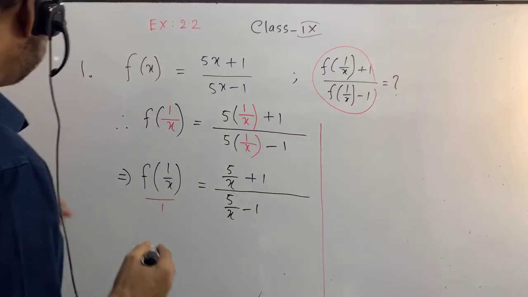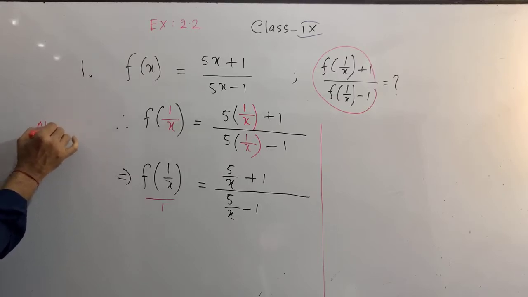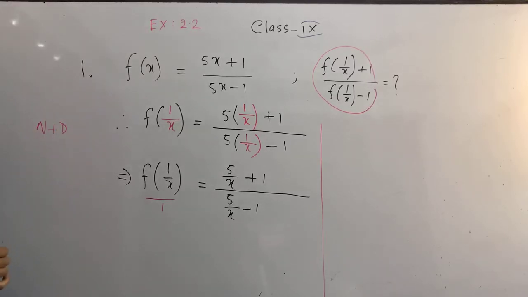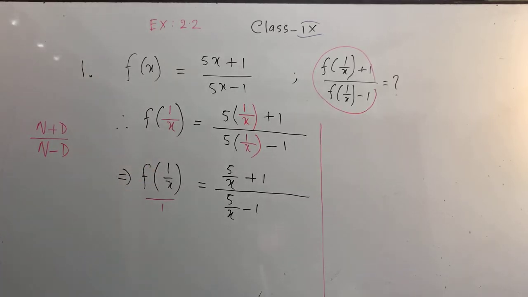That is, I am writing it in short. It is n plus d, that is numerator plus denominator, by n minus d, nothing else. Componendo and dividendo. So we can get numerator f of 1 by x and denominator only 1.